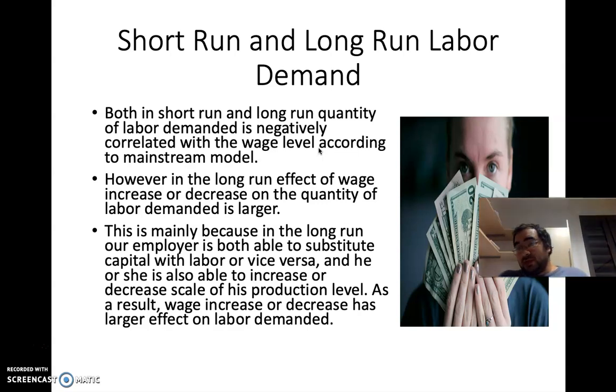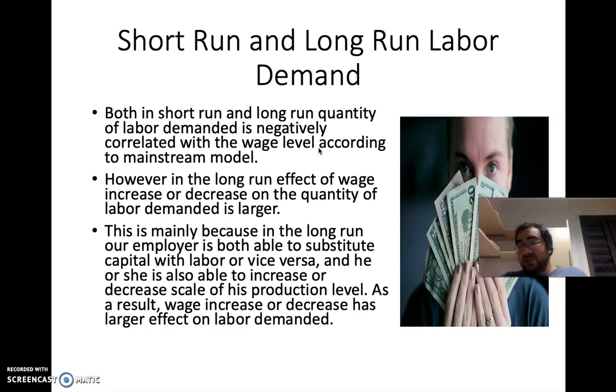So in the short run, an increase in wage will end up with a decrease in the number of workers, or amount of labor that is bought. But in the long run, there will be an even further decrease in the amount of labor being bought, because in the short run the company is not able to switch from labor to capital. The amount of capital it has is fixed.